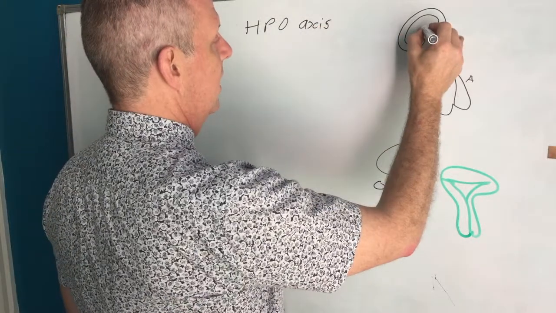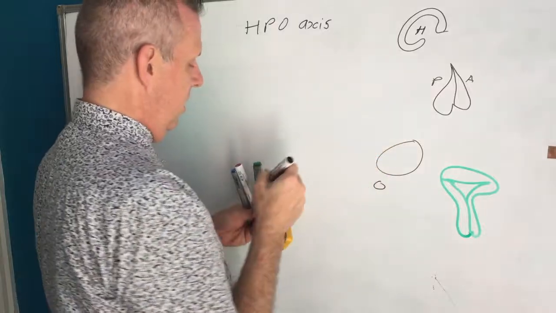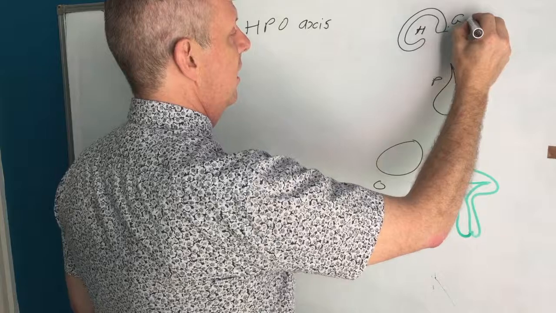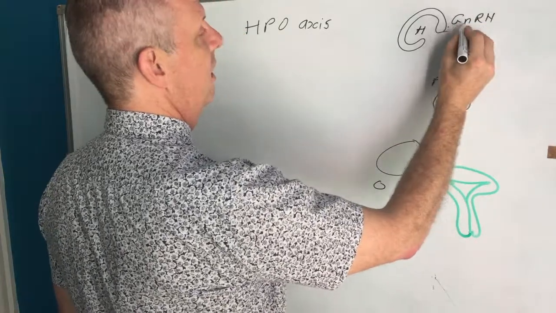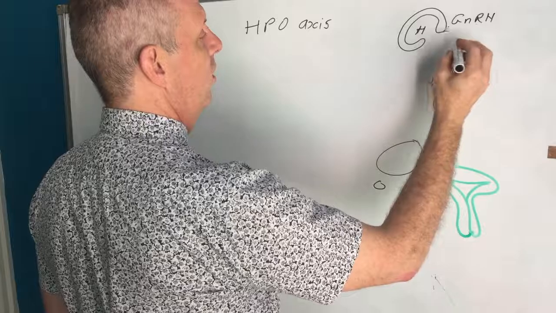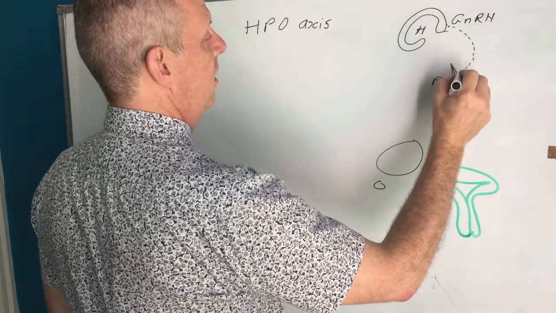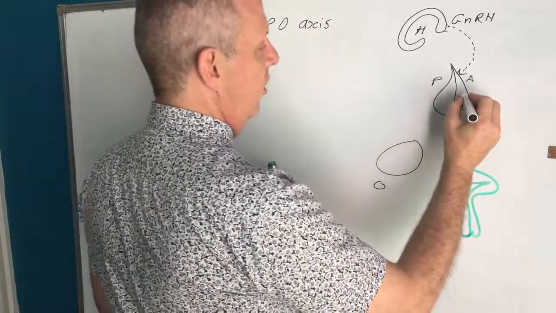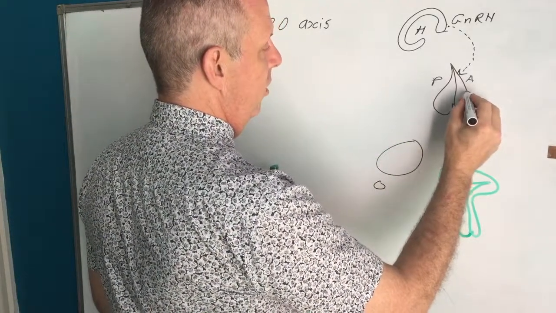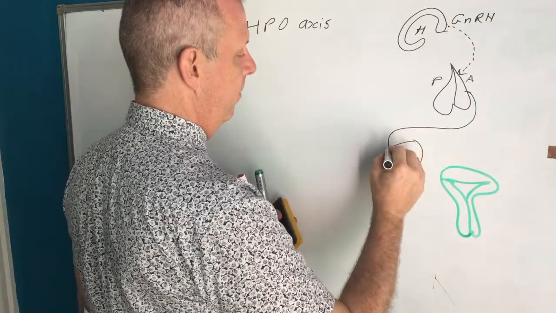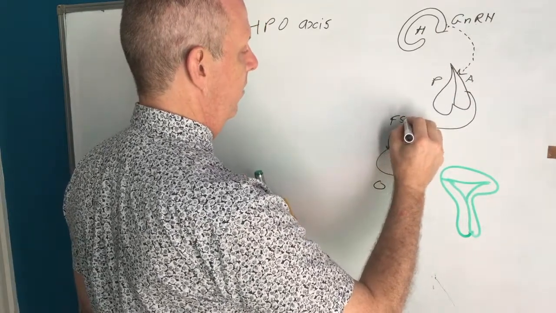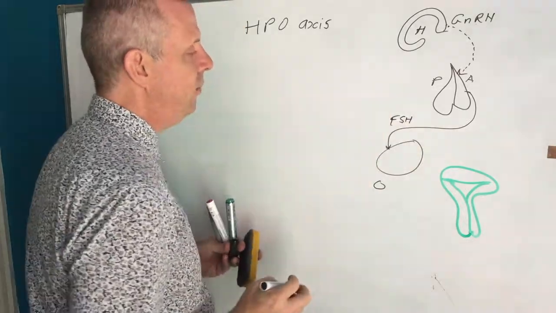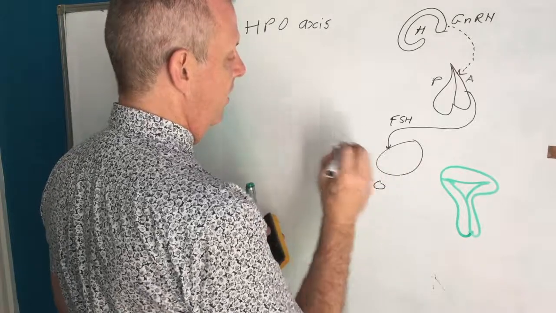And basically, the hypothalamus releases hormones called GnRH, gonadotrophin releasing hormone, which stimulates the anterior pituitary gland to then release a hormone called FSH, follicle stimulating hormone, and that tells the ovary to make follicles.